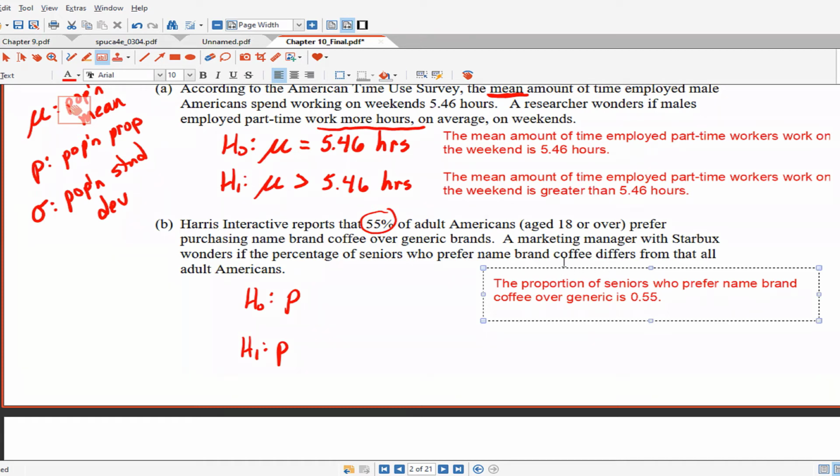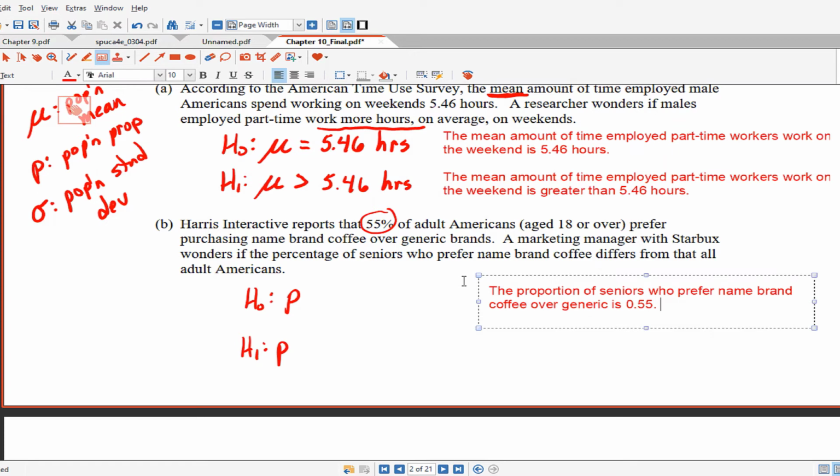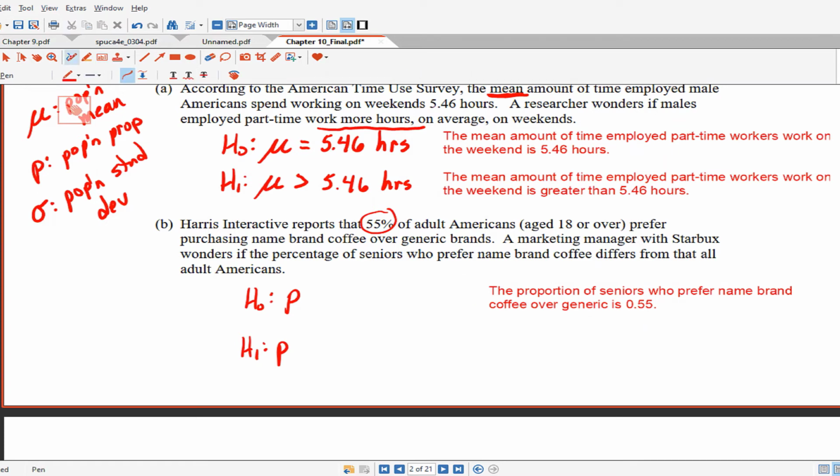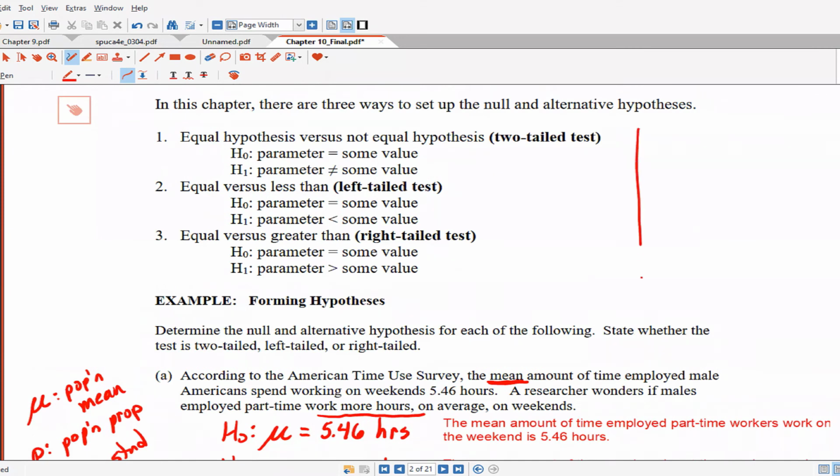That's the statement of no change, no effect, no difference between seniors and the general adult American population. And we would symbolically write that P equals 0.55. And so then what are we trying to gather evidence to show? Well, we're trying to see if the percentage of seniors differs from adult Americans. And differs would imply what kind of hypothesis test among these three?